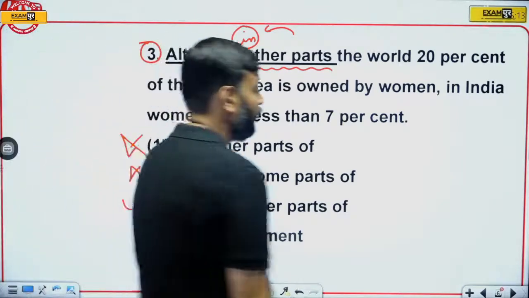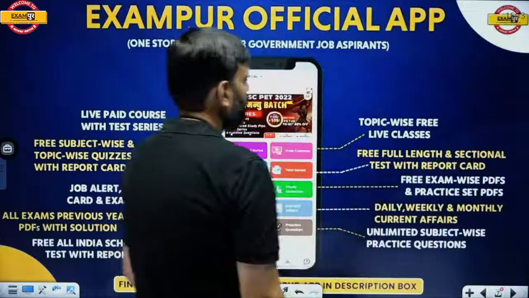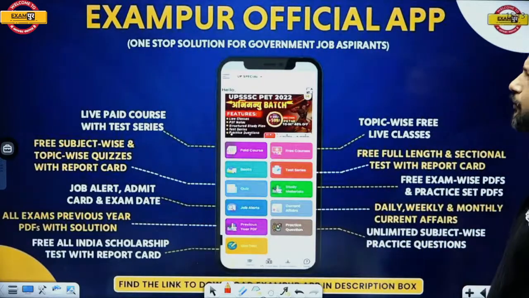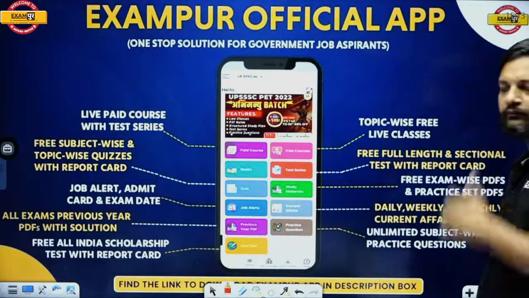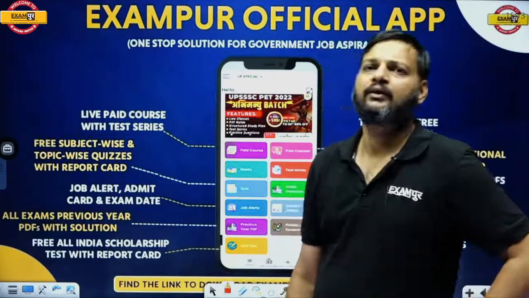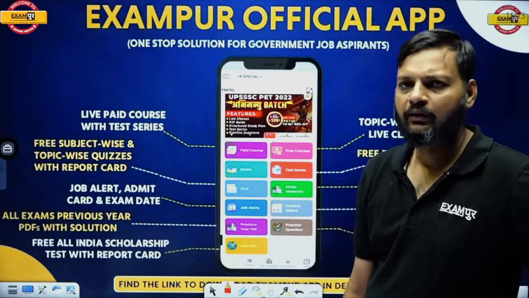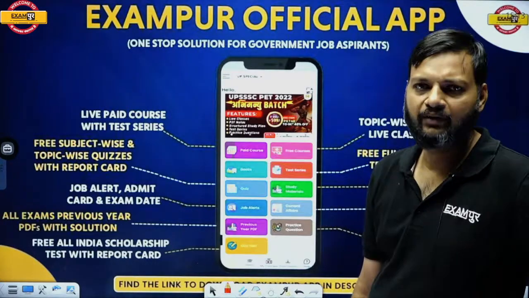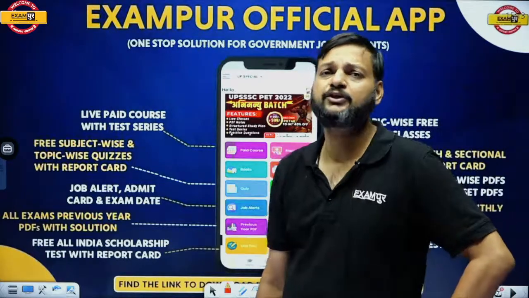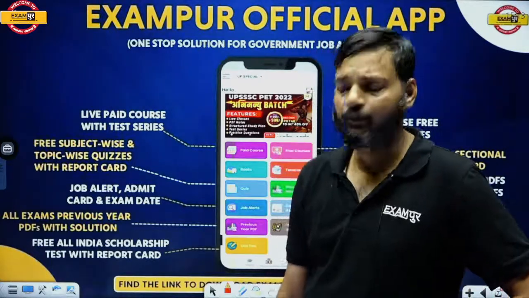Now, here we have a piece of information for you. Whenever someone tells you about downloading our official app, students often think that the application is all about paid courses.